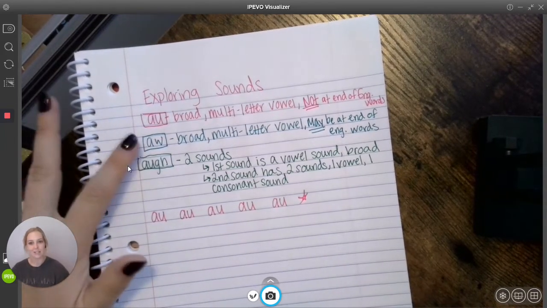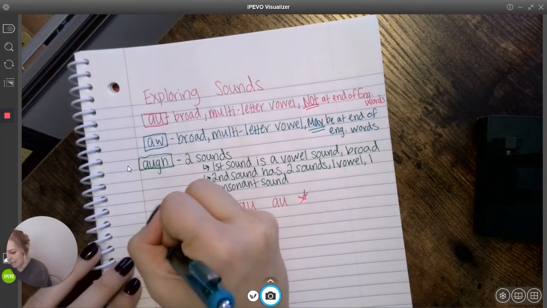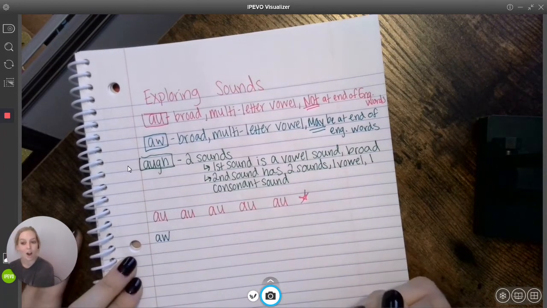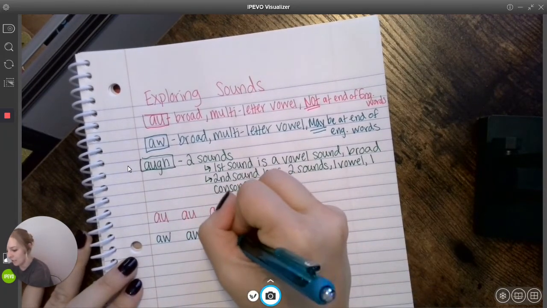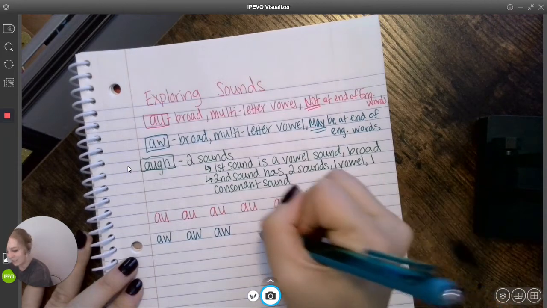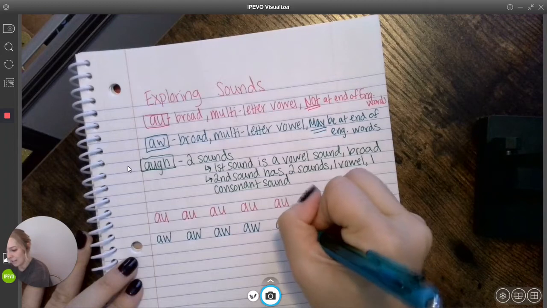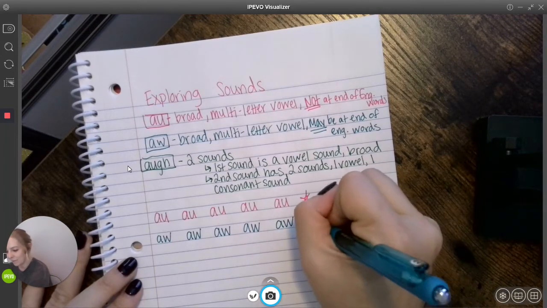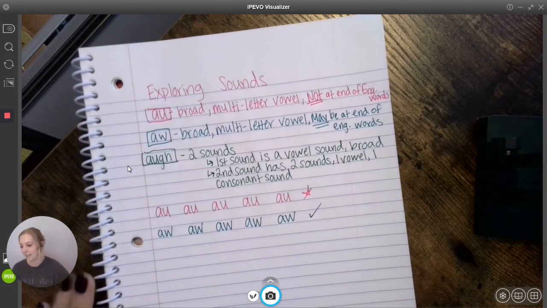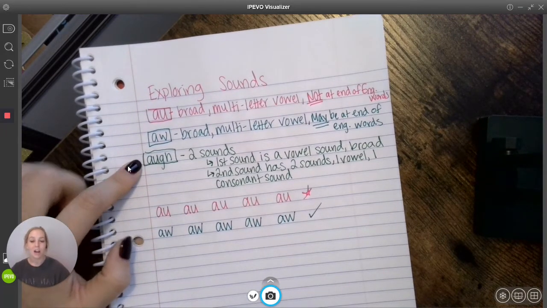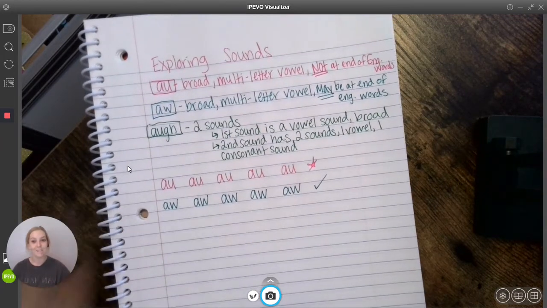All right, let's do our second new phonogram. AW makes ah, ah, ah, ah, and ah. Good job. We'll give ourselves a check mark for that one. And then comes AUGH, ah, af. Okay, so we're going to say each sound five times.